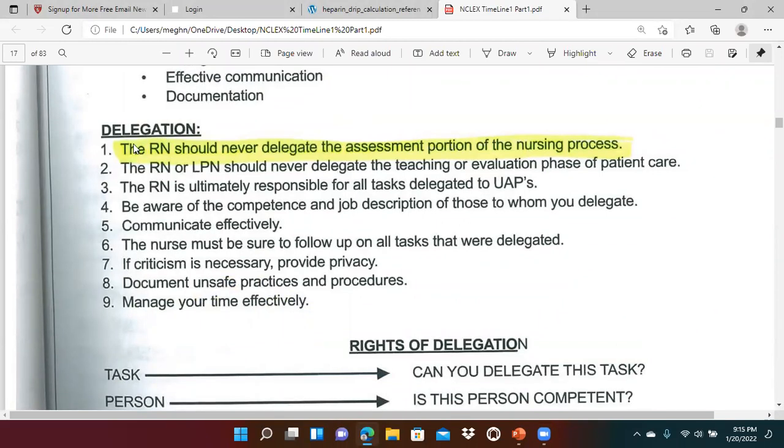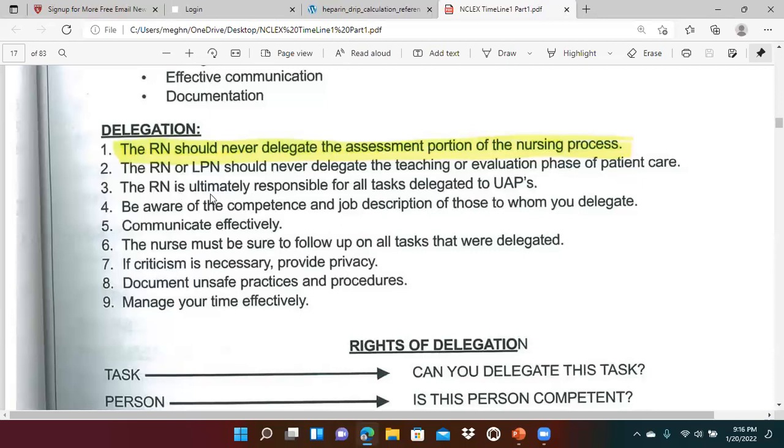Delegation: first of all, the RN should never delegate the assessment portion of the nursing process. So the RN will not delegate to LPN or CNA any kind of patient assessment. The RN or LPN should never delegate teaching or evaluation phase of the patient care.